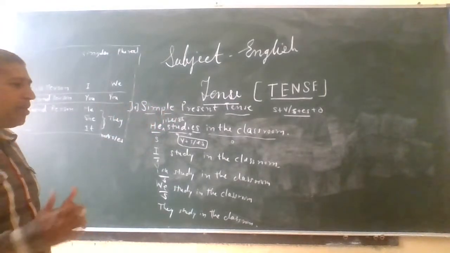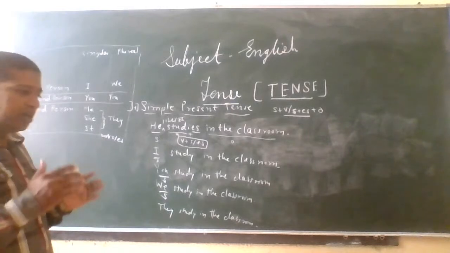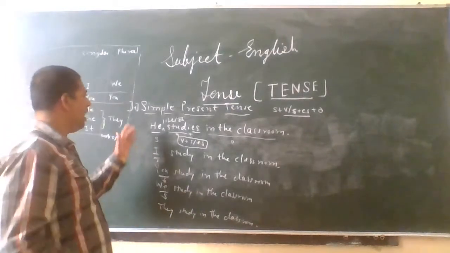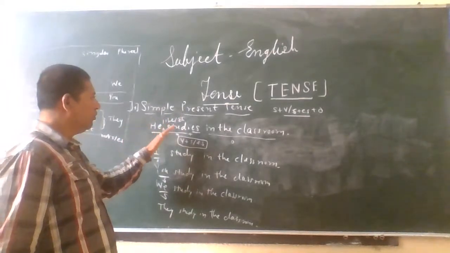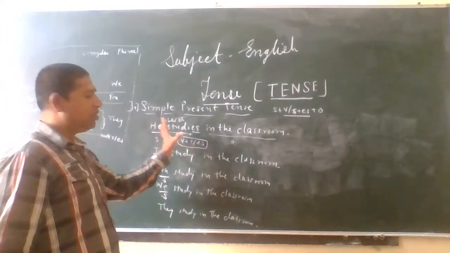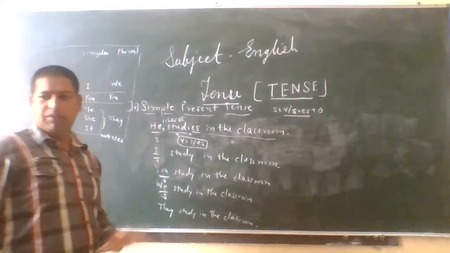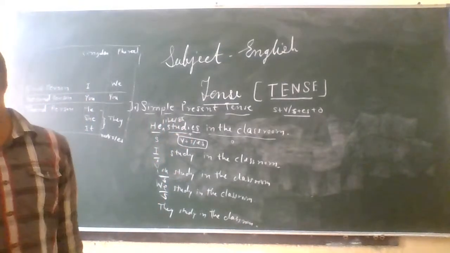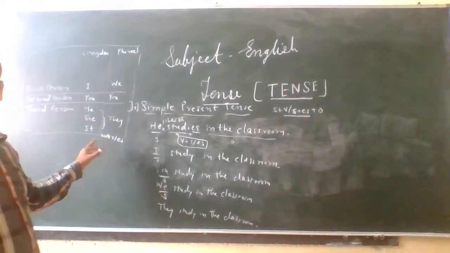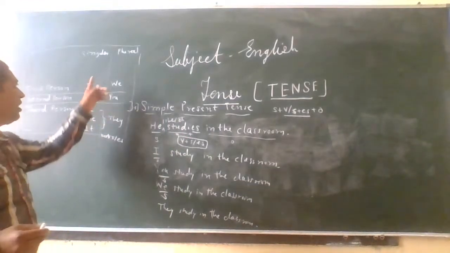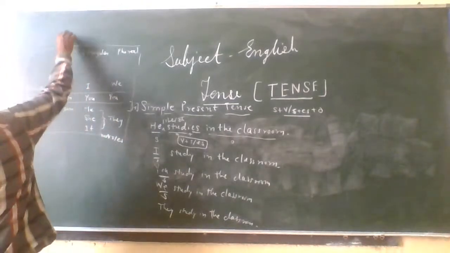Simple present is a simple situation, and habitual action reflects to us the situation of the time. So we can use the simple present. Have you understood about the simple present? Just keep it in your mind.